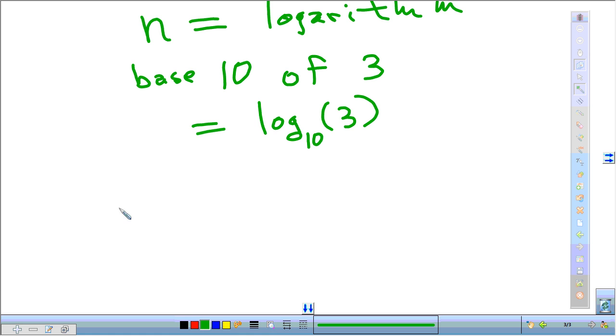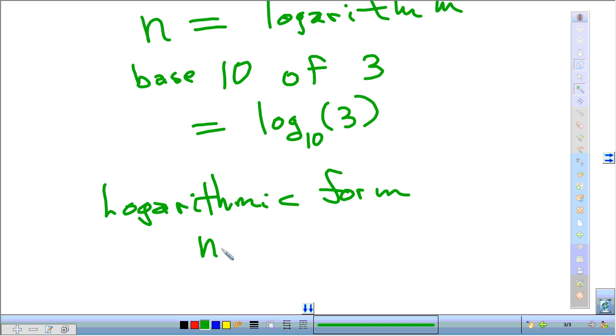So the original 10 to the n equal 3 has an equivalent logarithmic form. So 10 to the n equal 3 can be rephrased as n equal log base 10 of 3.